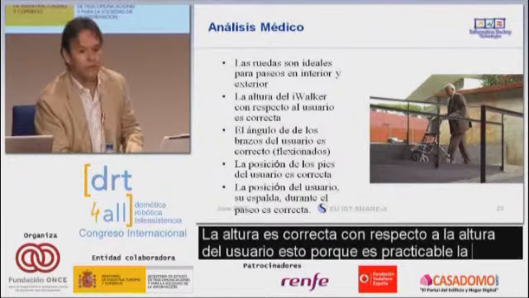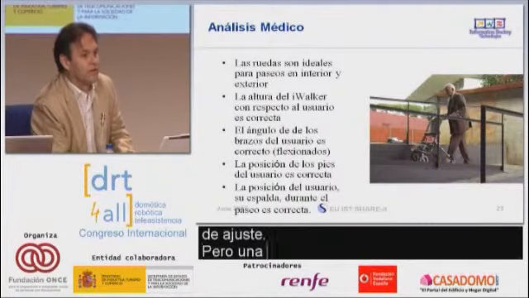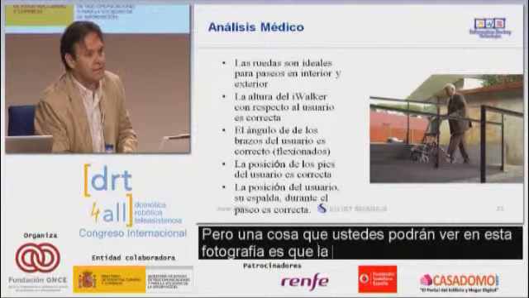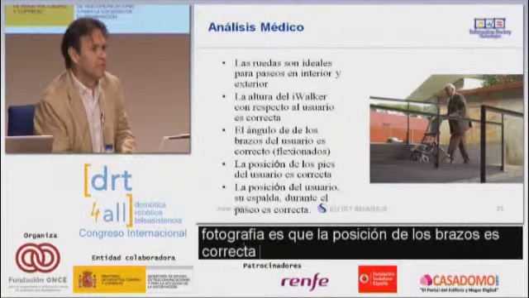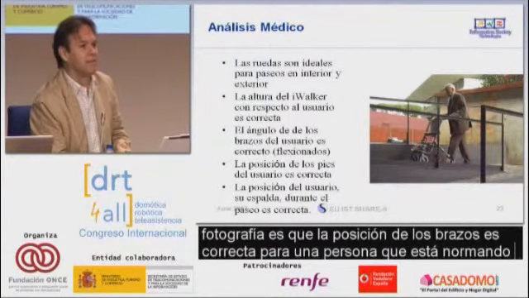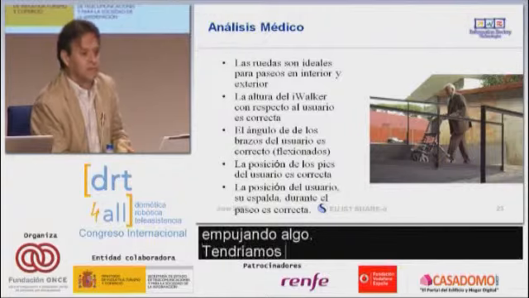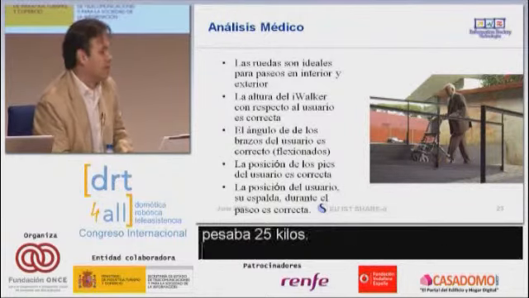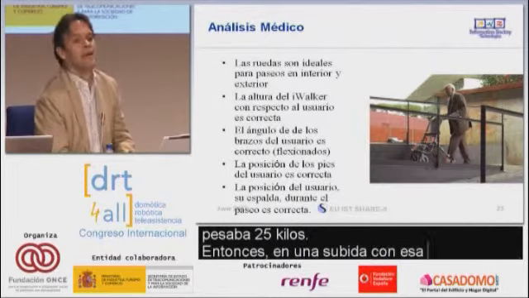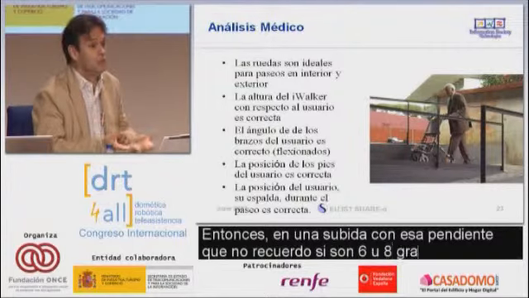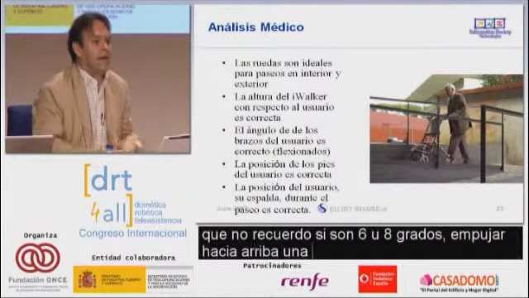You can adjust it, but one thing you'll see in this picture is that the position of the arms is correct for somebody who's pushing something. The walker they were pushing weighs 25 kilograms in an uphill slope, 6 to 8 degrees. To push uphill, for an elderly person, 25 kilos is a lot of weight.